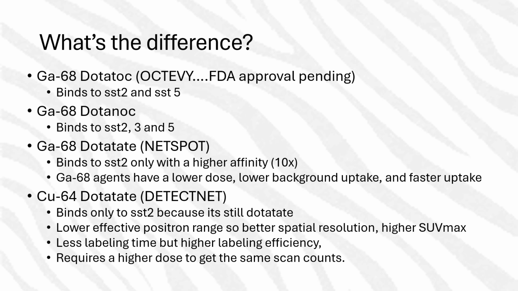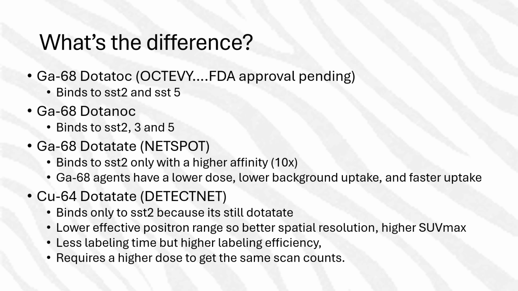So you have a little bit purer of a drug when you're getting the copper 64 dotatate, but it does require a higher dose to get the same scan counts because it has a longer half-life. And so you're giving the patient a much higher radiation dose when you're using the copper 64 dotatate.